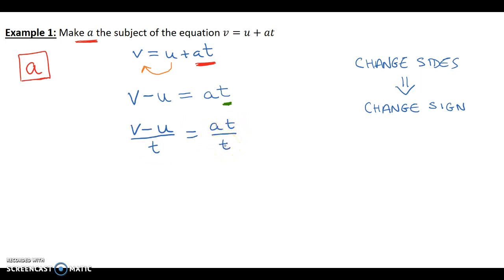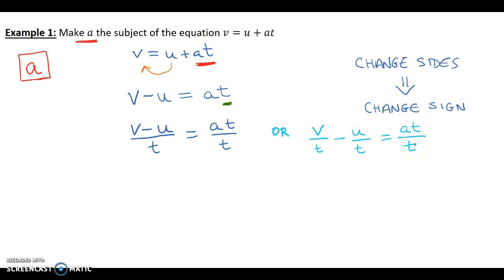Okay. There is another possibility. Here what we did was we divided the entire side, v minus u, by t. But you could also, if you wanted to, divide those pieces individually. So we could have made this v divided by t minus u divided by t equals at divided by t.